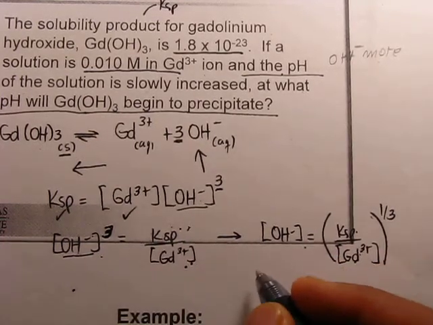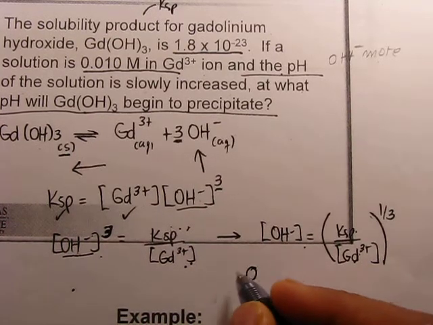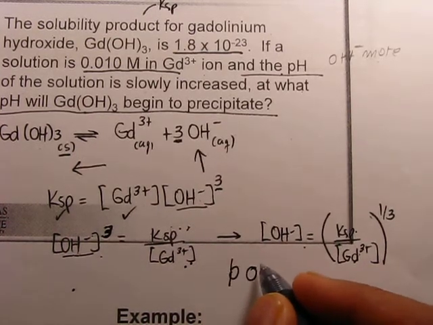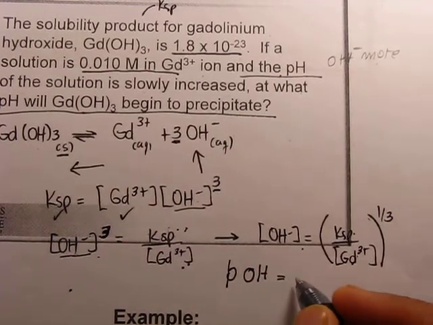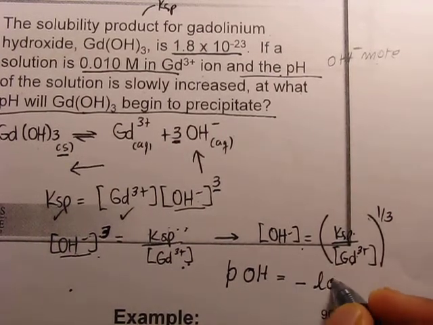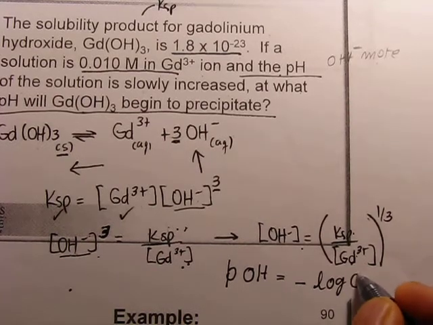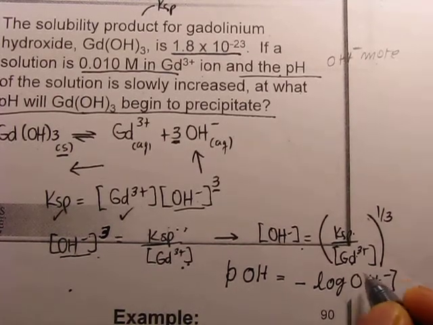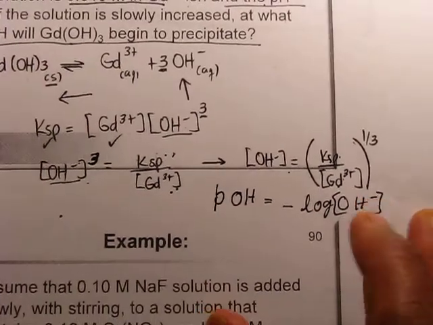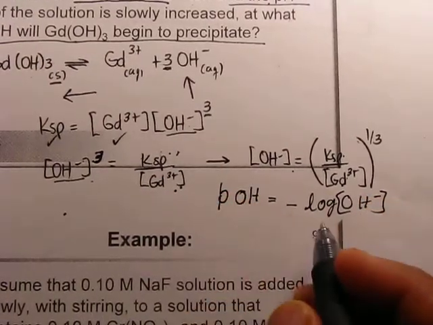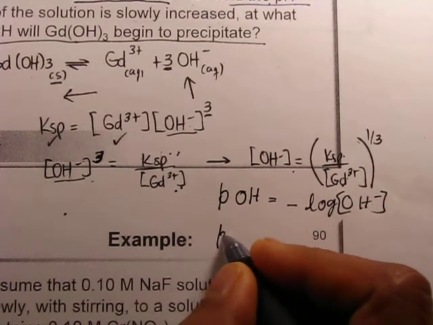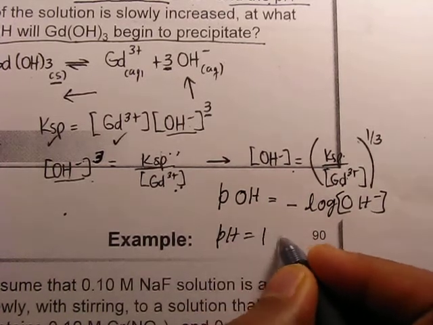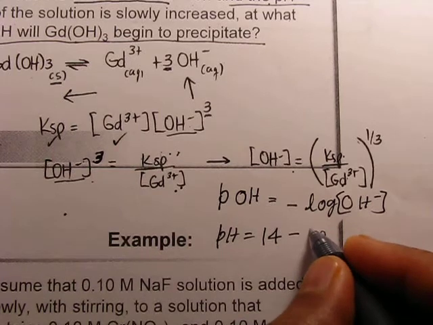Once we get this hydroxyl ion concentration, we can get the pOH of this one. And how can we get the pOH? We will take the negative log of the hydroxyl ion concentration. Once we know the pOH, we can get the pH for this reaction by subtracting it from 14.